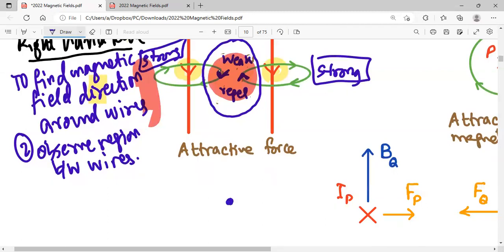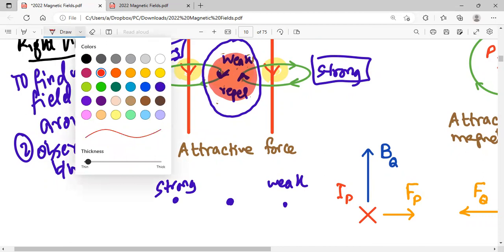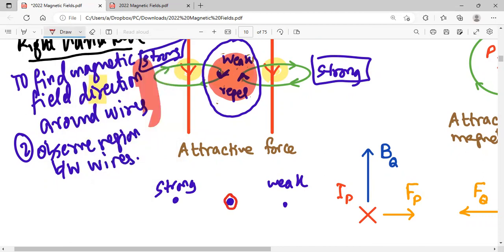Let's say here is a thing, and on this side a very strong person is sitting, and on this side a very weak person is sitting, and they have a competition. They have to push this object. Of course the stronger person will push the object towards the weaker person, right? So this will be the force.